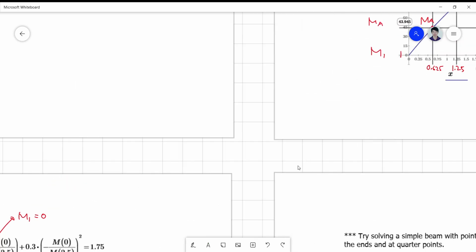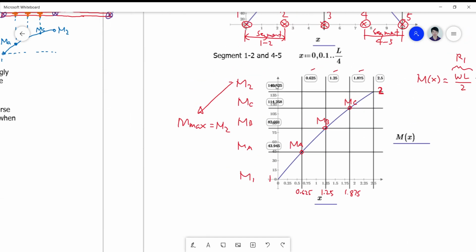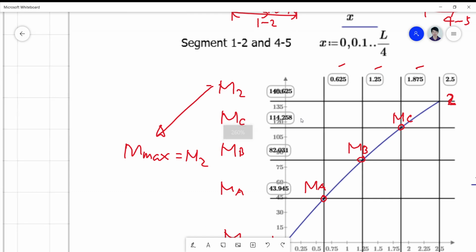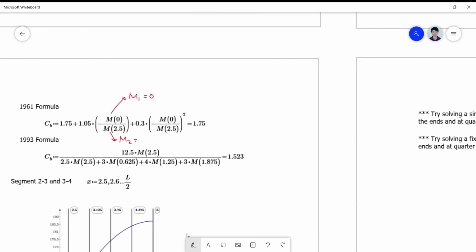So it is 140.625. Okay, so I just substitute it there and I get 1.75.